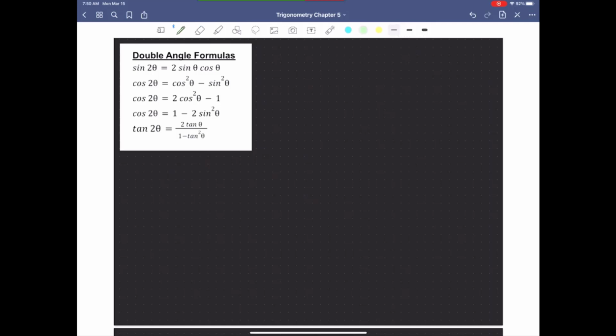Alright, so last week when it was the sine of alpha plus beta, we knew that that was cosine alpha sine beta plus cosine beta sine alpha, right? Or whichever order you had it in. When it comes to the double angle, you have the same angle and you just want to double it.